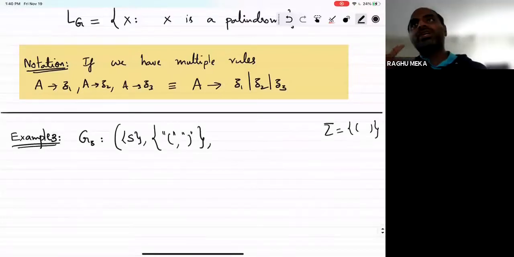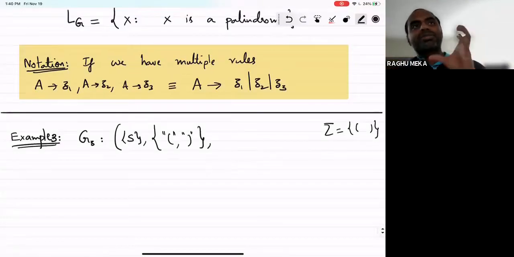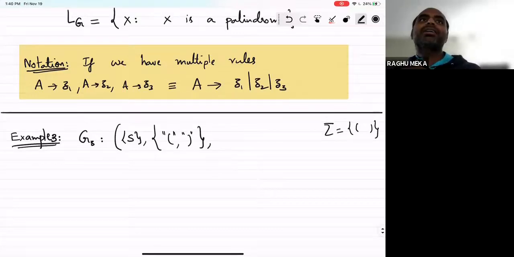So basically I'm looking for sequences of opening and closing brackets. And my idea is to only have those things which are well-formed parentheses, right?